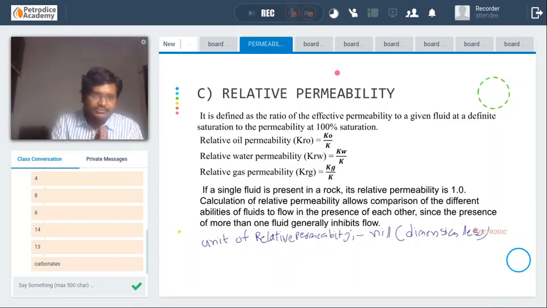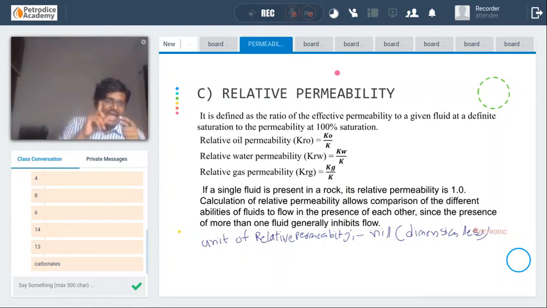We cannot directly measure the effective permeability. We will measure the relative permeability first. Using that particular relative permeability, we will calculate the effective permeability. Okay. Do remember this point.